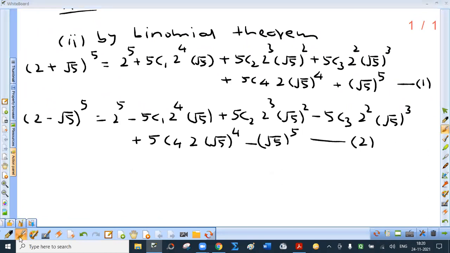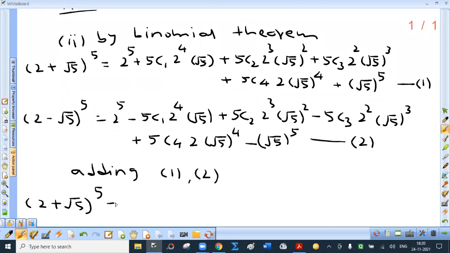So I will say adding 1 and 2. On adding 1 and 2, I get (2 plus root 5) raised to 5 plus (2 minus root 5) raised to 5 equal to remaining terms, they occur twice each. So in bracket, I get what? 2 raised to 5. You may say, sir, it is 5C0. Yes, 5C0 is 1.